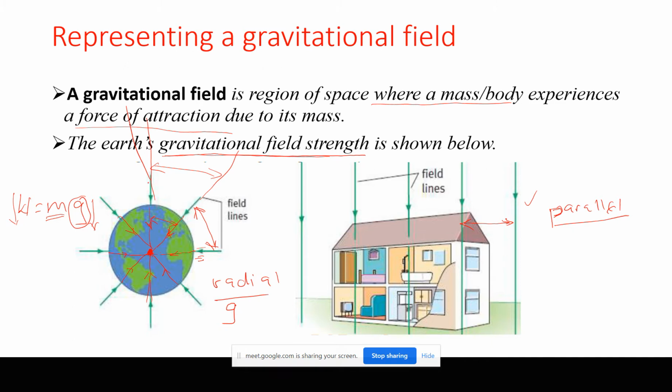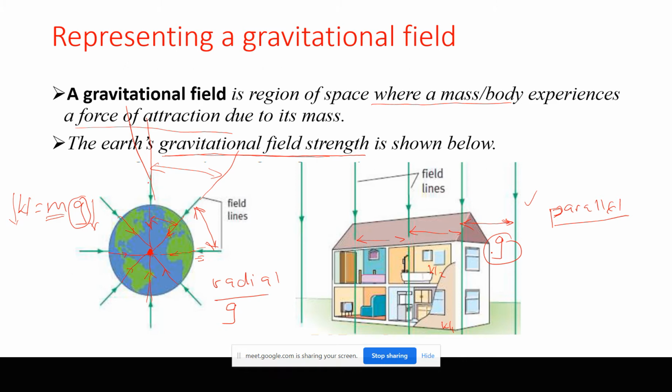If the field lines appear to be parallel to each other, as demonstrated in this case on the scale of a building, it means the field strength, which we are later going to call g, is going to be almost the same around the building. Even if you measure your weight on the bottom floor, you will get the same weight when you move to the top floor, because the field strength is almost the same on the scale of a building.